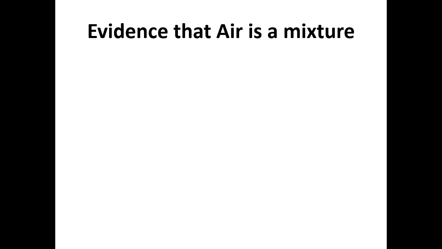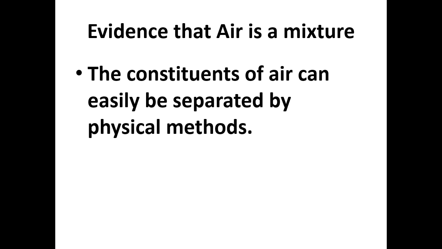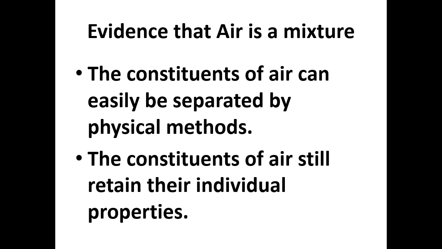Now let's quickly look at evidence that shows that A is a mixture. Number one, the constituents of A can easily be separated by physical method. Secondly, the constituents of A still retain their individual properties.